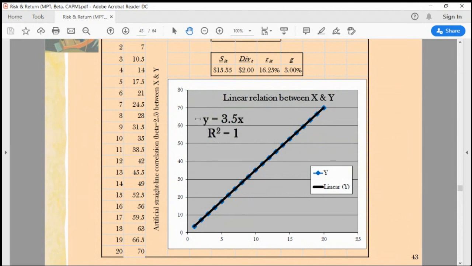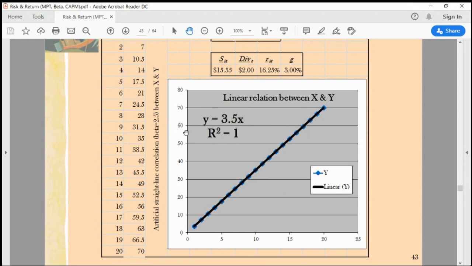You understand? The change in y is a result of change in x. That's why x is called the independent variable, meaning x varies independently on its own. X is a random variable that changes on its own, whereas y is a variable whose change is dependent on x. So the change in y is a result of change in x.